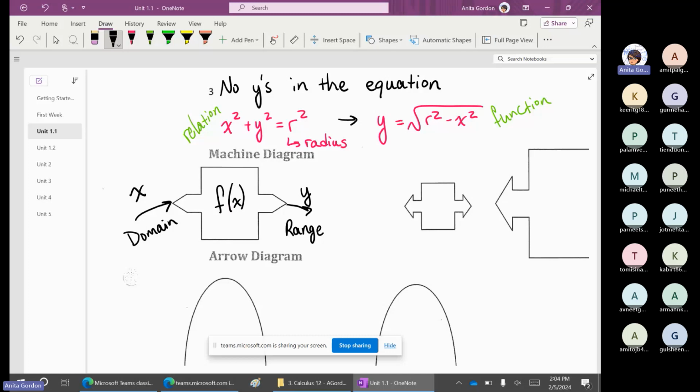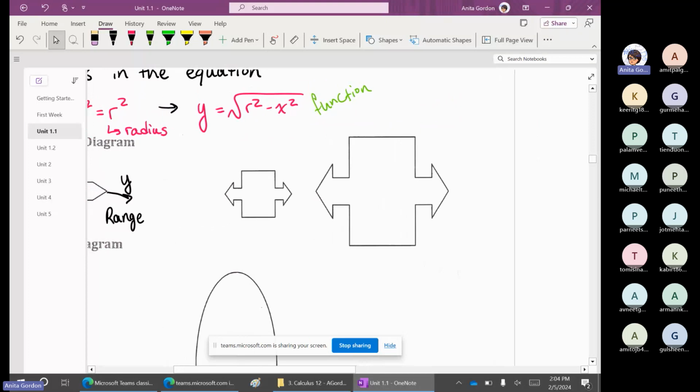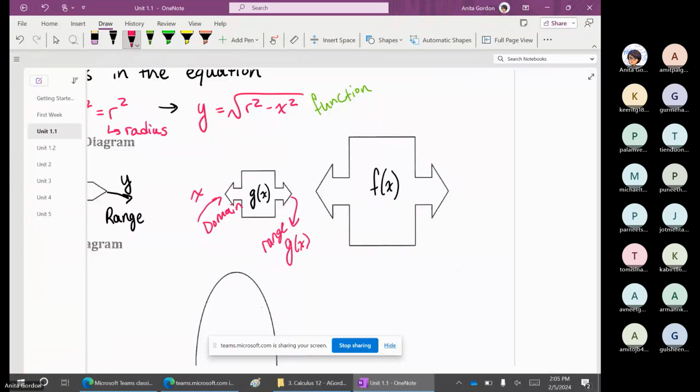However, there are going to be many times where we have an intermediate machine. We have a composition of functions where this is g of x, and this is f of x, and we have a bit of a chain reaction. We put in x values in the domain of g, and g spits out g of x values, which is the range of g.